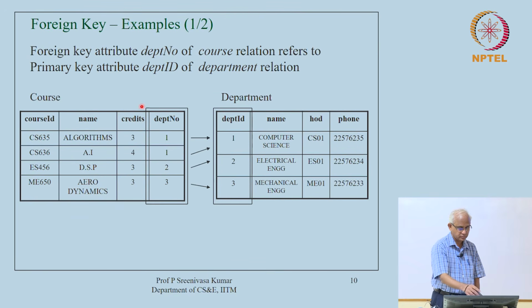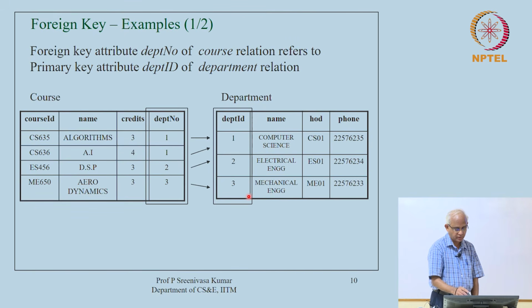If there are possibly two or 3 attributes of that kind, then obviously the corresponding domains have to be the same, and such attributes are what we call foreign keys. In this case, department number is a foreign key of the course relation that refers to the department relation.